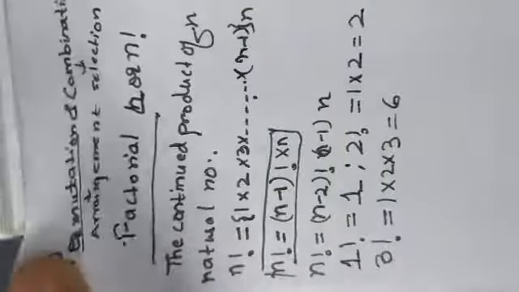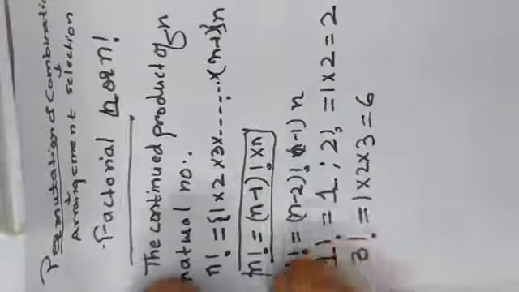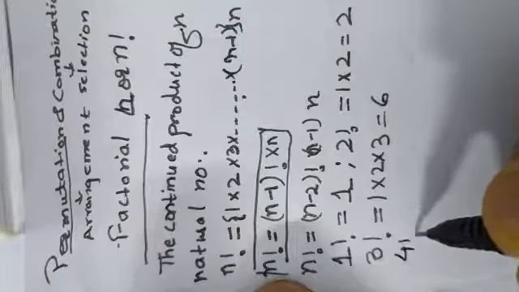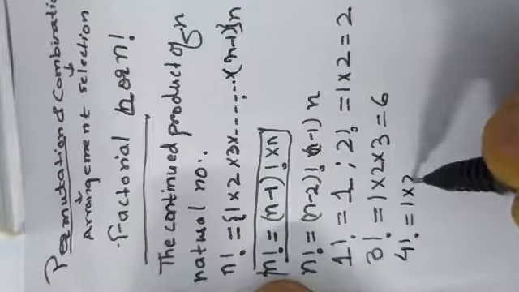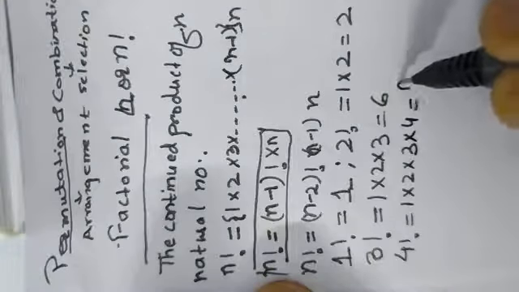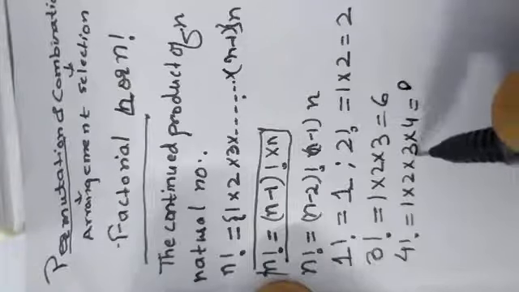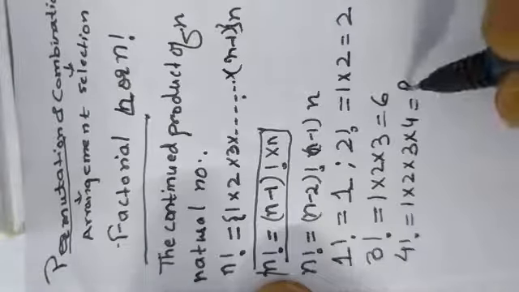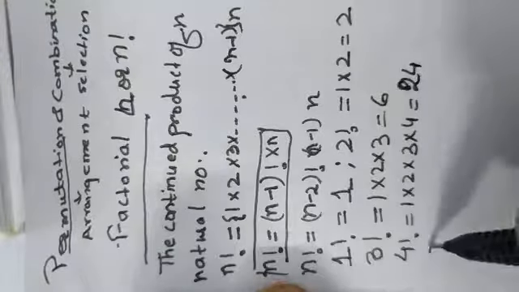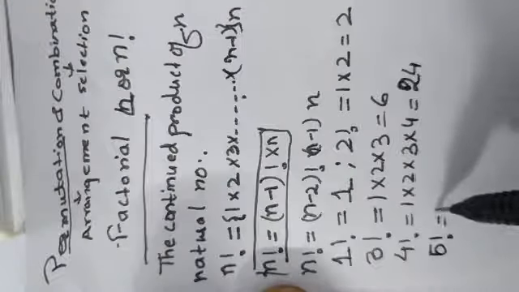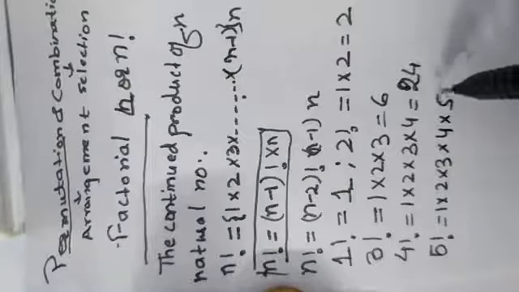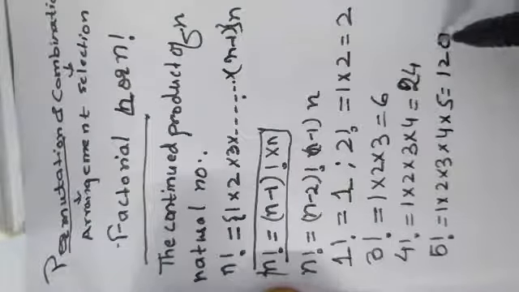Now, if I want to write 4 factorial, it is 1 into 2 into 3 into 4, that is equal to 4 threes are 12, 2 fours are 24. Now 5 factorial will be 1 into 2 into 3 into 4 into 5, that is 120.